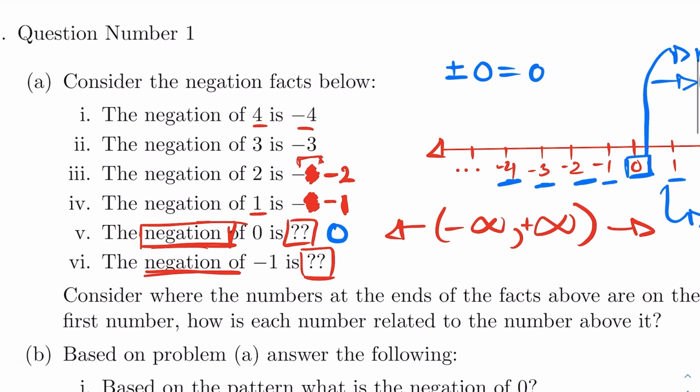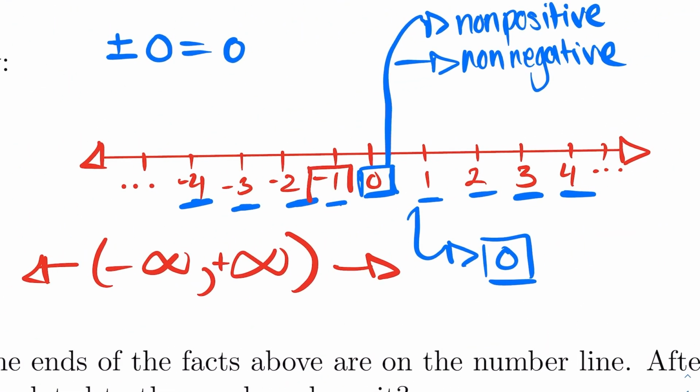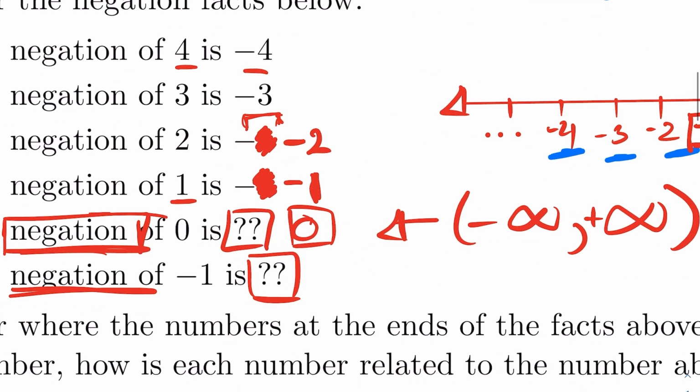So we could just say 0 for that one. So the negation of negative 1, well, if we look at negative 1, and we look at the opposite of negative 1, because that's what negation is, it's our opposite, that means it's 1. So the negation of negative 1 is 1.